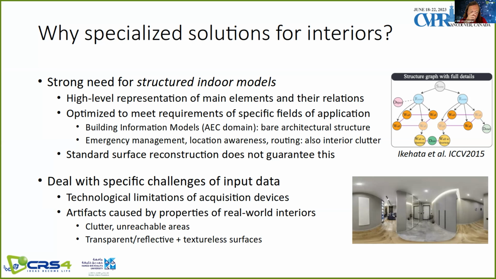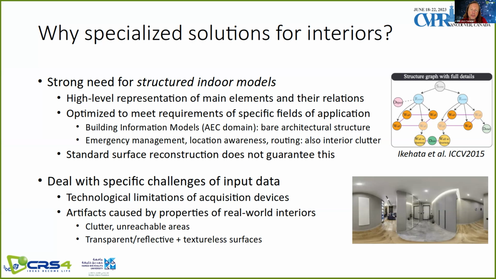For instance, if you talk about architecture, engineering, and construction, there is often the need to generate and update building information models, which are largely focused on architectural structure of the environment. So this means that, for example, from an image, you are interested only in the parts that reconstruct walls, floors, ceilings, and so on, and you want to remove the furniture.